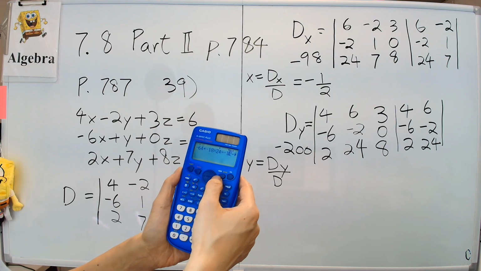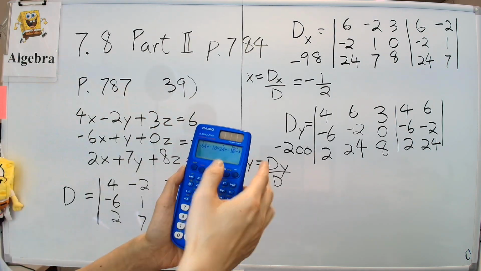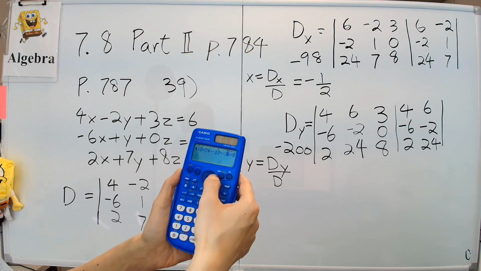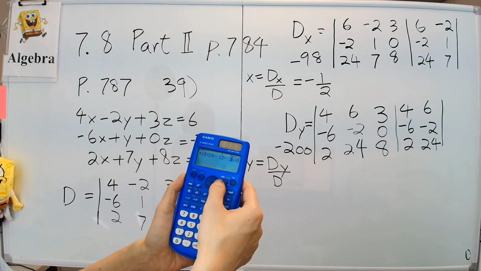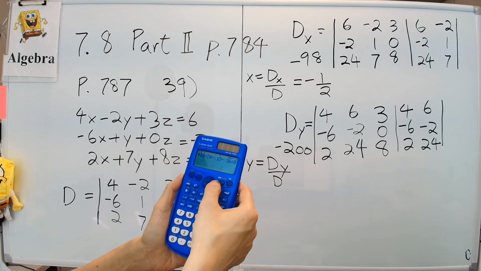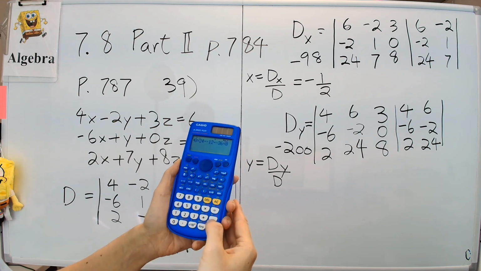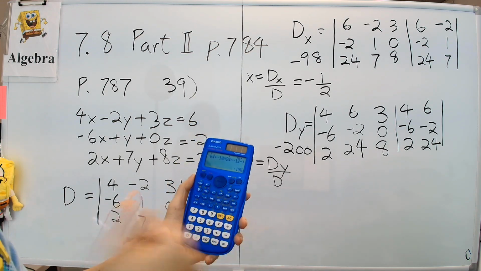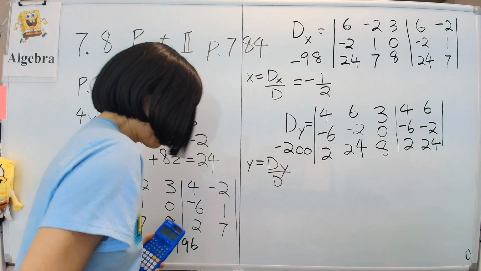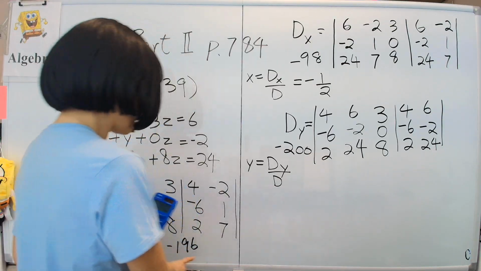And then the last one, 3 times negative 6 is minus 18 times 24. And then minus going up, that's negative 12, right? And then the last one is 8 times negative 36. And this time it gives me minus 196. I wonder what I did wrong the last time. Who cares? The point is I got the same as this one.